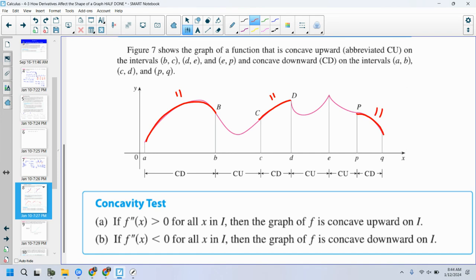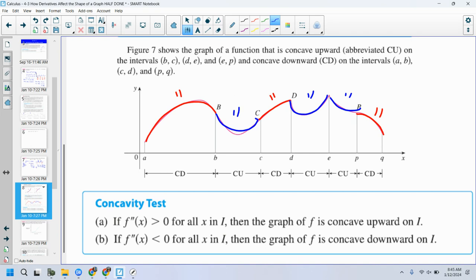And then concave upward, here, and here, those are all happy faces. Concave upward versus concave downward. And notice that you can have two concave upwards butting up against each other, right? You can have two concave downwards butting up against each other as well. We don't see it in this example, but it can happen. Okay.